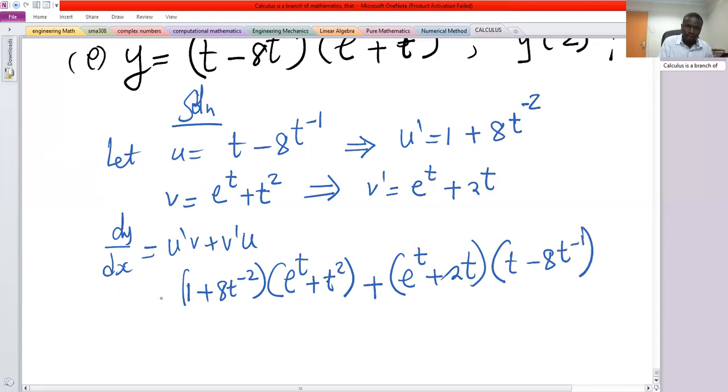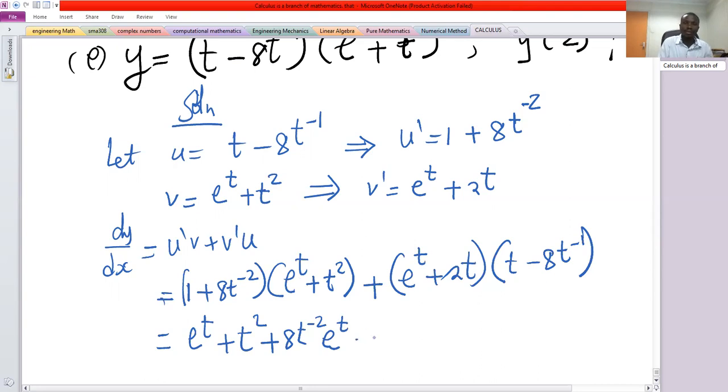So opening, we get e raised to power t plus t squared, plus 8 t to the minus 2 e raised to power t. Now t to the minus 2 times t to the positive 2: minus 2 plus 2 is 0, so t to the 0 is 1.